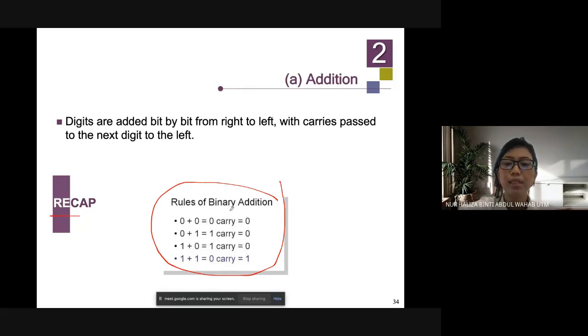You already learned that 0 plus 0 gives the sum and the carry of 0. 0 plus 1, your sum will be 1 and your carry will be 0. 1 plus 0 will be 1 as your sum and the carry will be 0. 1 plus 1 will be sum 0 and carry 1. So this table, as I mentioned previously, is very important for you. Although this is a mathematical problem.